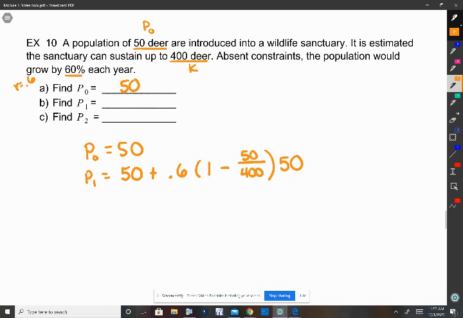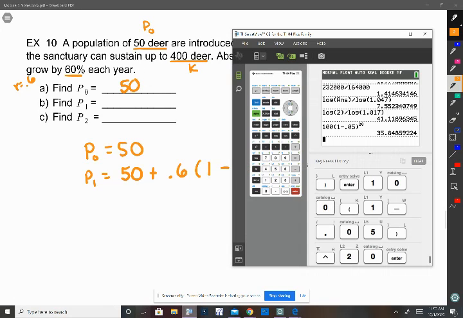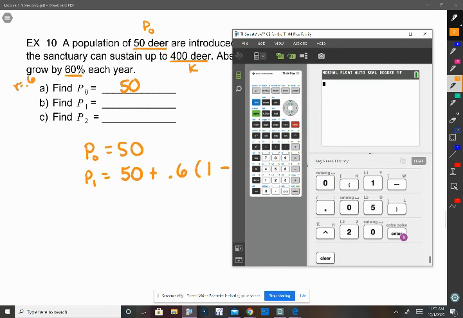And I'm just going to plug that into my calculator. So we're going to go 50, and then it's plus 0.6, and then parentheses, 1 minus 50 over 400, close your parentheses, and times it by your previous amount, which was 50.